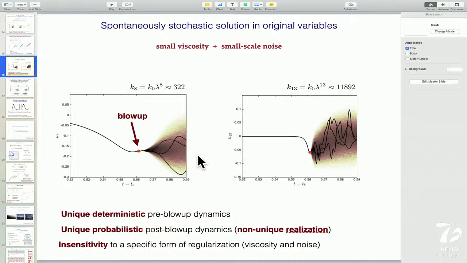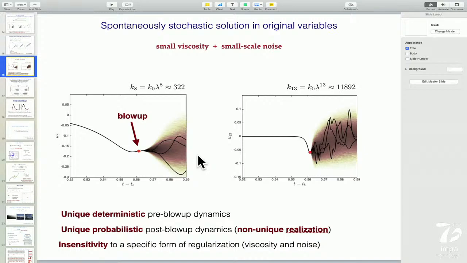And though in the limiting process you removed the noise from the formulation, stochasticity stayed in the solution. The solution remembered, and it does not forget it in a special way. It keeps stochasticity, but it will not depend on the way you introduced this noise into the regularization.